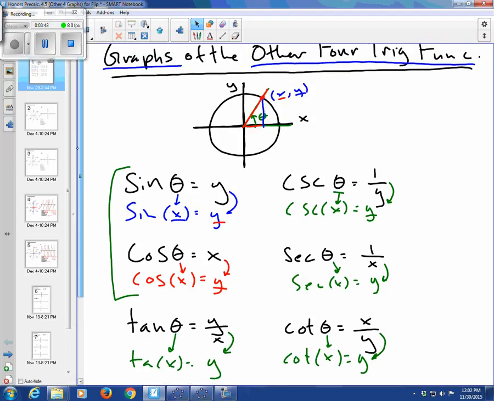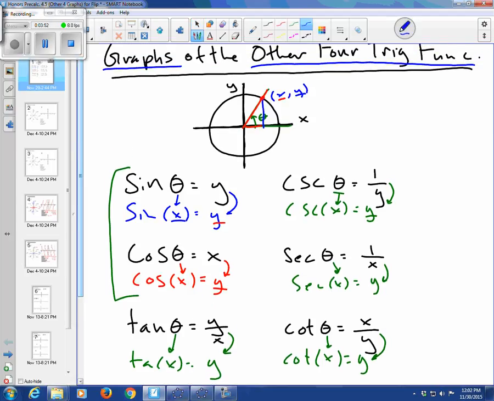And we're going to see one big difference with the graphs of the other 4 trig functions from the graphs of sine and cosine. And that is that the ratios that are defining these trig functions all have variables in the denominator that can equal 0. The x and the y on the perimeter of the unit circle equal 0 when we rotate onto the x or the y axis.